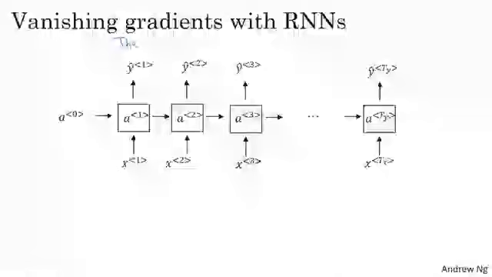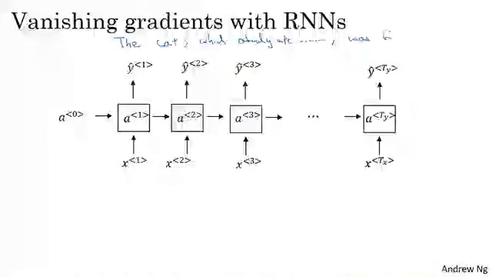Let's say you see this sentence, the cat, which already ate, and maybe already ate a bunch of food that was delicious, was full. To be consistent, because cat is singular, it should be the cat was, whereas it was the cats which already ate a bunch of food that was delicious, and the apples and pears and so on, were full.